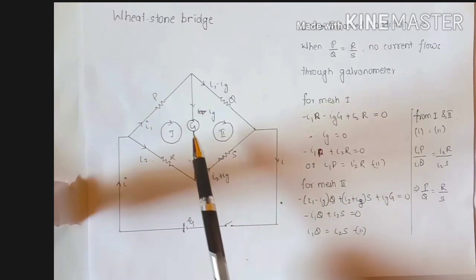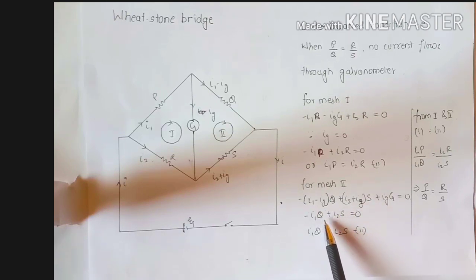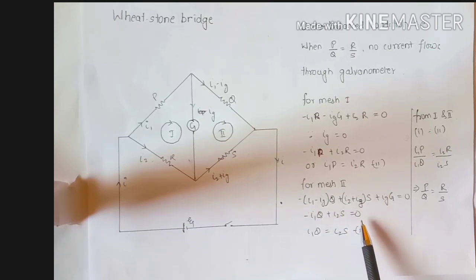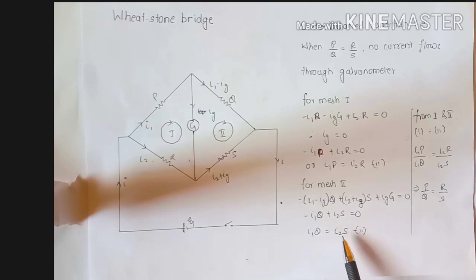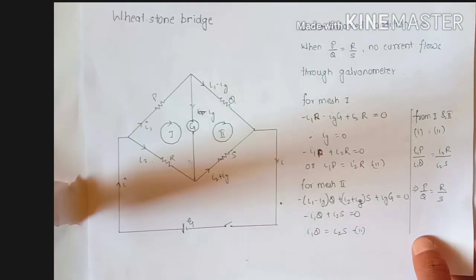Through galvanometer it is negative, so the overall equation is written this way. Again Ig is 0 at balance condition, so on simplifying we have minus I1 into Q plus I2 into S is equal to 0. So I1 into Q is equal to I2 into S. Now if you divide these two equations, we have P by Q is equal to R by S. So this is the principle of Wheatstone bridge.